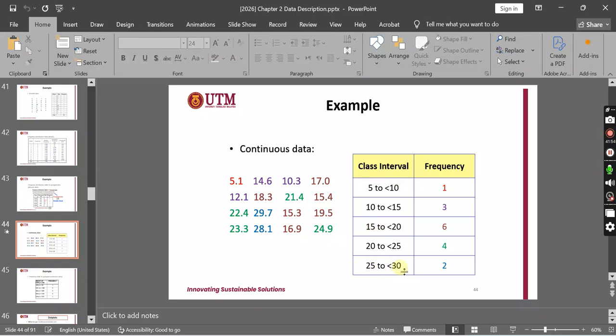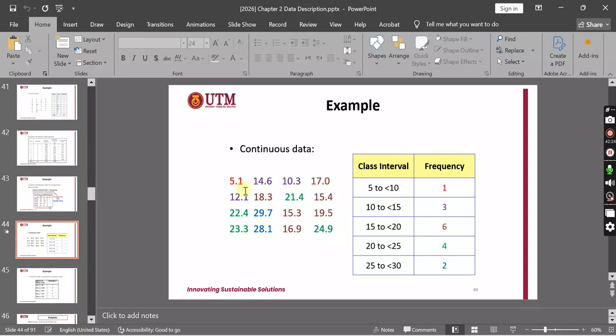Why do we stop here? Because the largest number that we have is 29.7, so we have here 30. So we have to stop, because our largest number falls in this class. So no need to continue making classes. How many numbers do we have falling between 5 to less than 10?